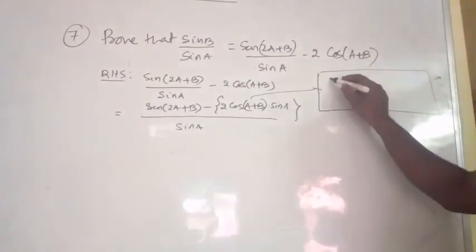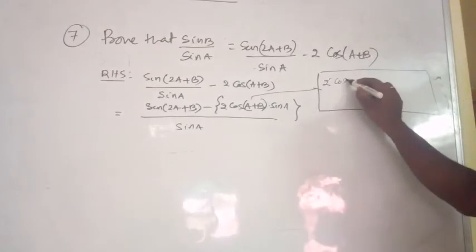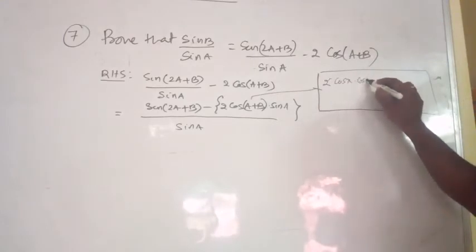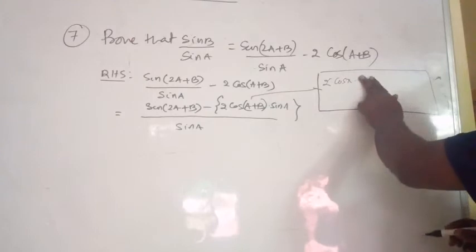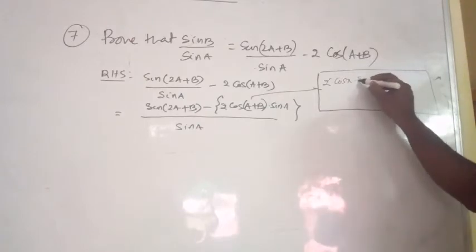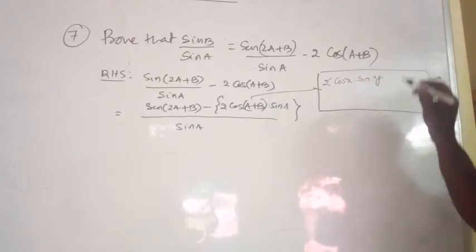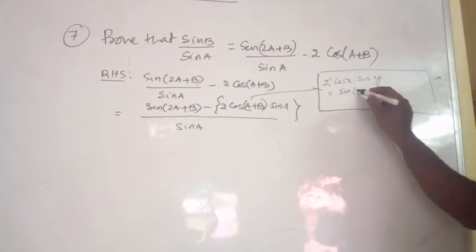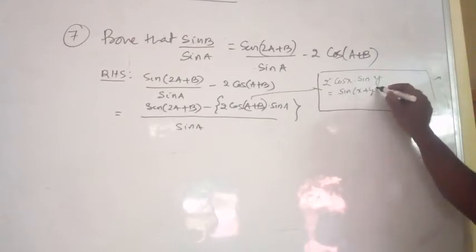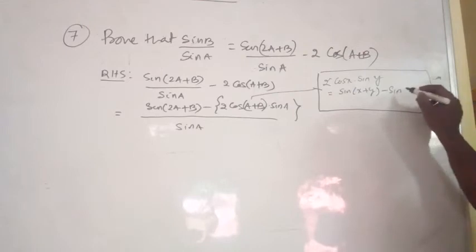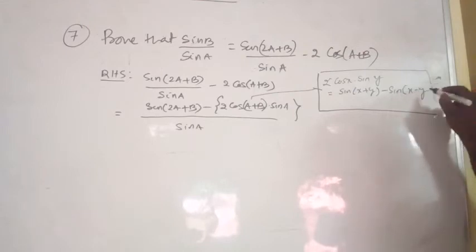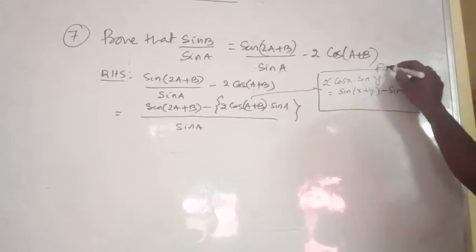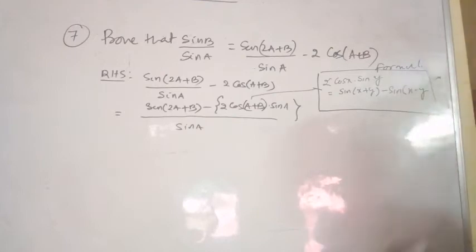Suppose 2 cos x sin y is equal to sin(x plus y) minus sin(x minus y). Apply this formula here.